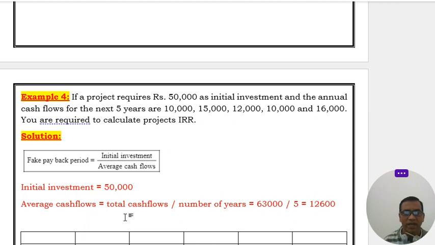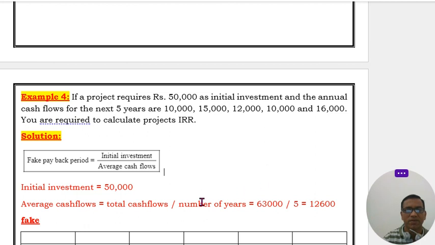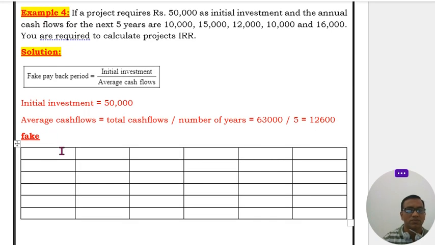Now the fake payback period is equal to the initial investment divided by the average cash flow.